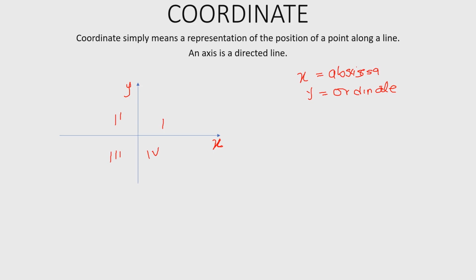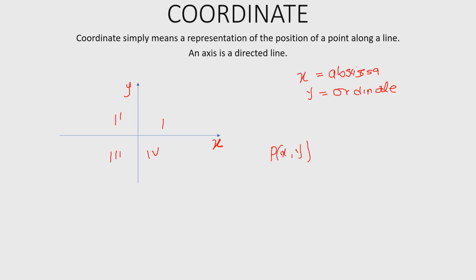So for this topic, this is the first, the second, the third, and the fourth. For example, let's say I want to locate a point P on this axis. Let's say point P is equal to (x, y).